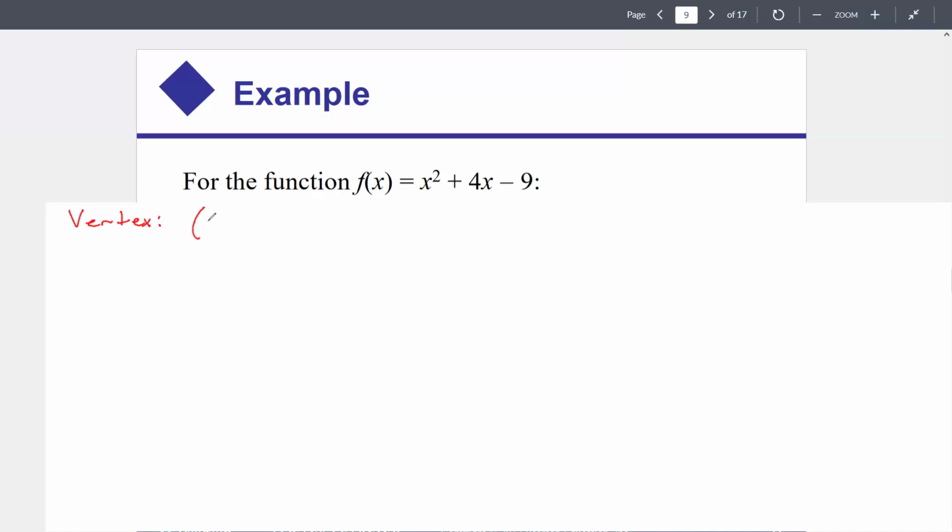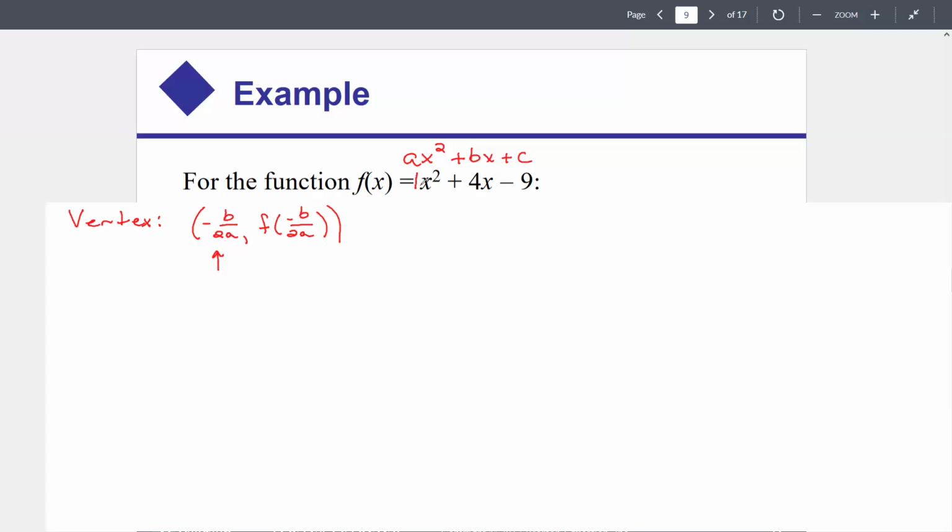So we know the vertex is going to be negative b over 2a, and then the other part is just going to be f of negative b over 2a. The first thing we're going to do is find this part here. Just as a reminder, this is how we're identifying this.